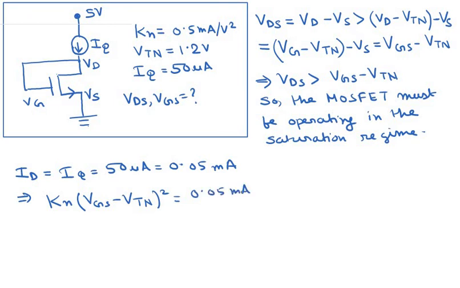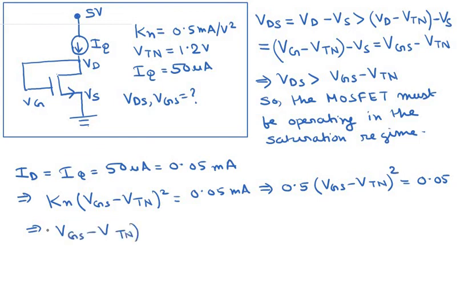Okay, and Kn is basically equal to 0.5 milliampere per volt square. So 0.5 times (VGS minus VTN) square is equal to 0.05. So (VGS minus VTN) square is equal to 0.1 volt square.